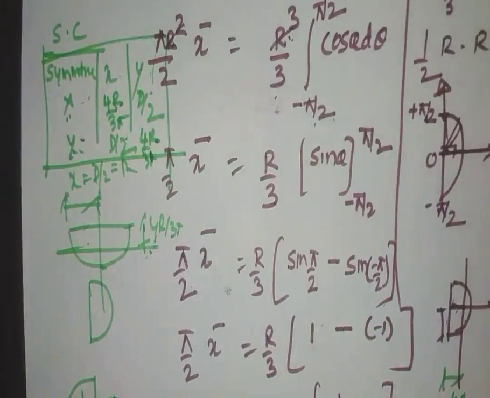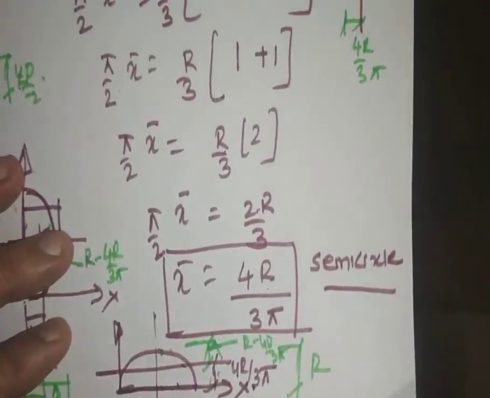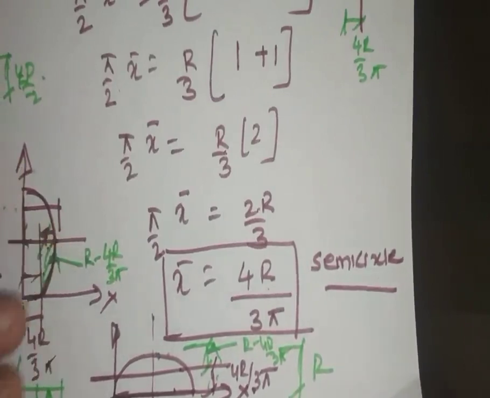So this is how we are supposed to find the centroid of a semicircle when it is symmetric about a particular axis. And these formulas are very, very important. x is equal to 4r by 3 pi, or x is equal to r minus 4r by 3 pi, is very important when we start solving numerical problems related to the centroid, especially when it is a composite section.